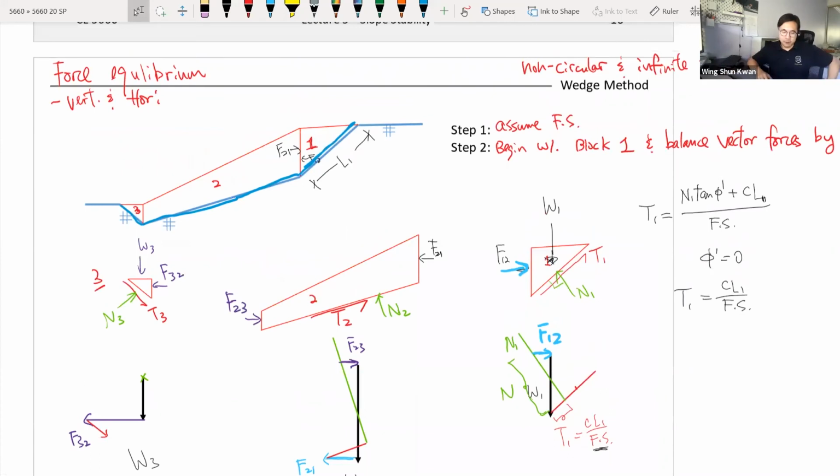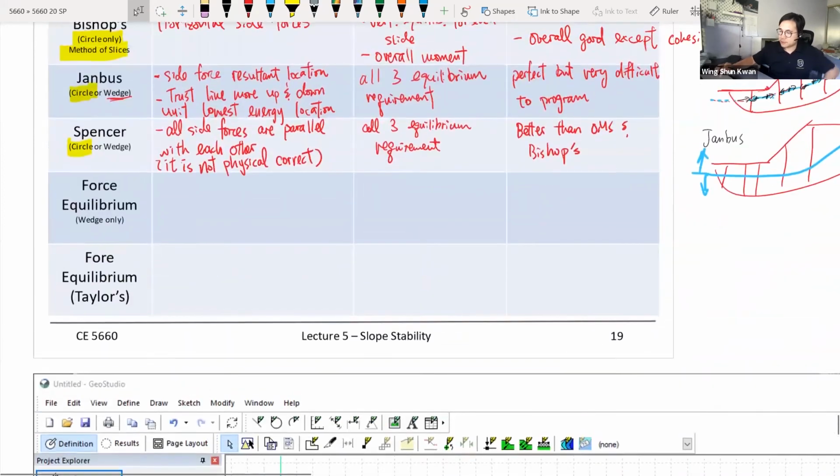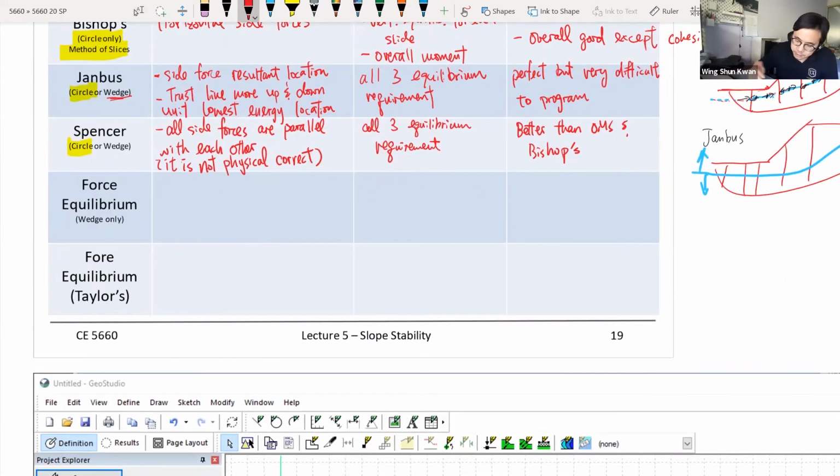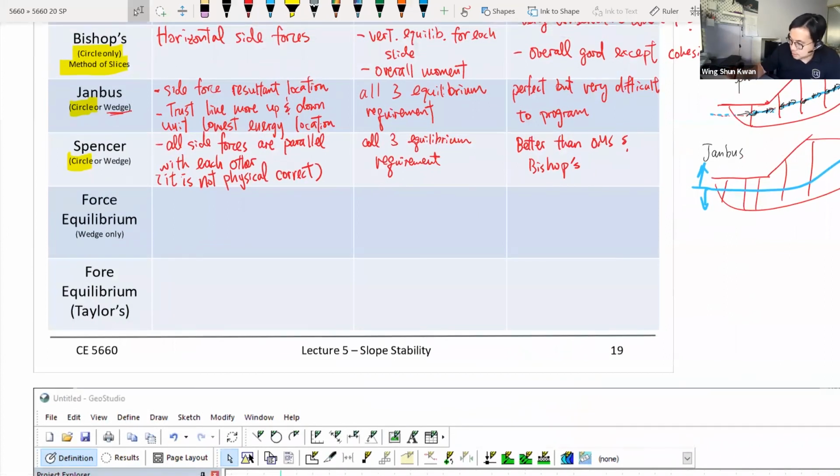The wedge method is pretty much trying to solve for all the force equilibriums. You cut your slide into different pieces of triangles, trapezoids, or rectangles, and you solve for all the forces. At the end of the day, you can find the factor of safety. The way we do it is, first, we try to finish this table. So the assumptions are, first of all, this is the wedge method.